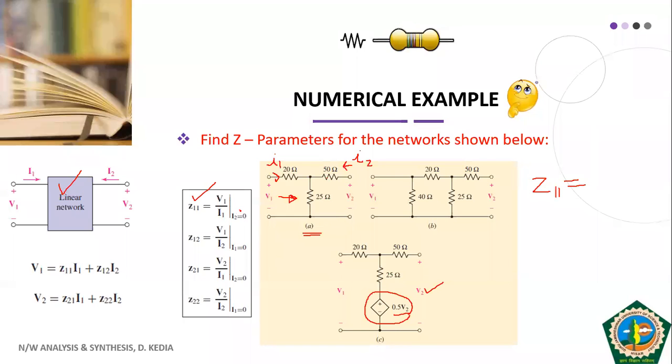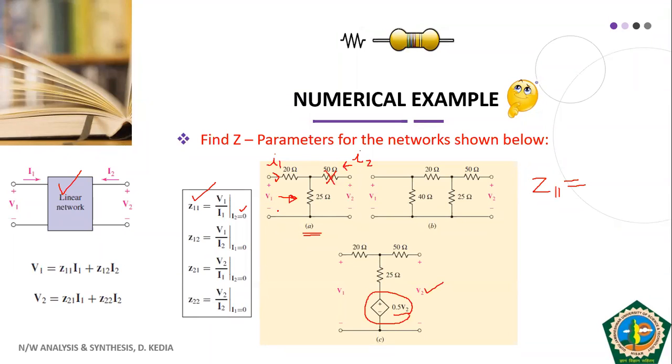Since I2 equal to 0, there will be no current in the 50 ohm resistance, so no voltage drop. This resistance is no longer in the picture because it is open circuit.